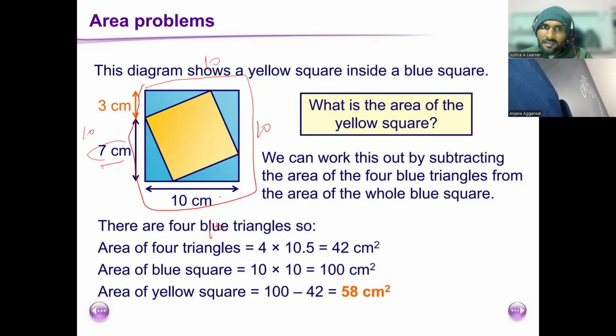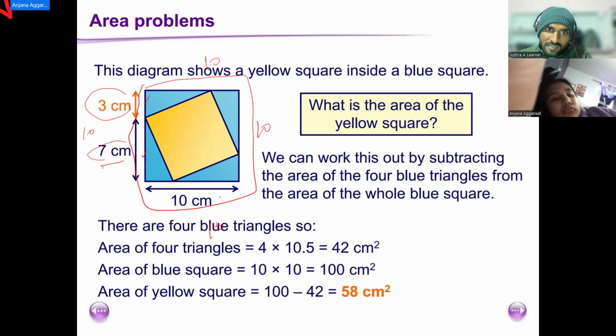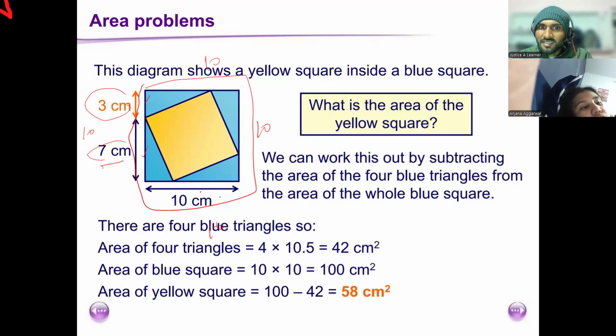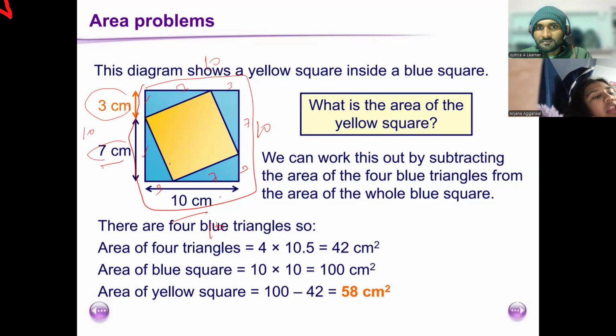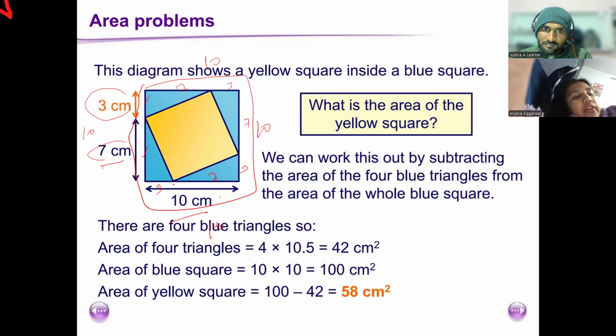And the data given is that this part is 3, this part is 7. So we must also understand if this is 10, then this part is 7 and this part is 3. Same like that, this part is 10, then this part is 7 and this is 3. All of the sides would have the same length.